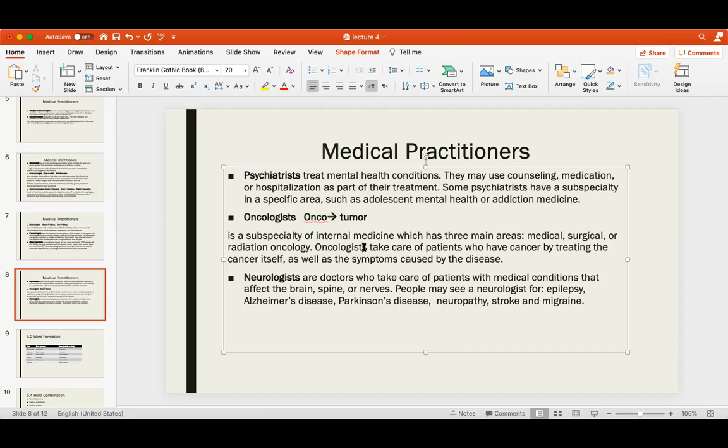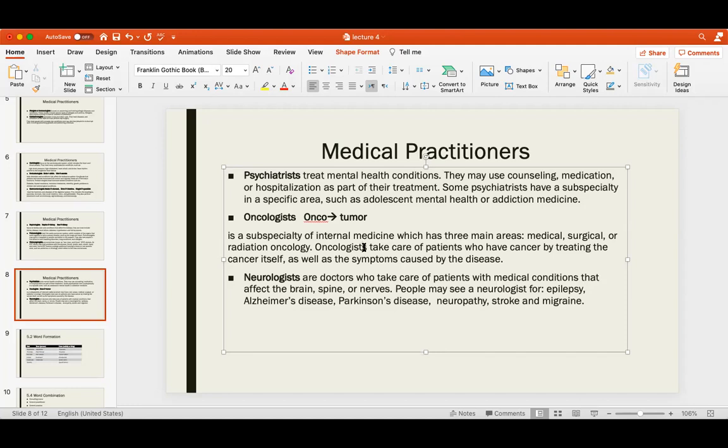Neurologists are doctors who take care of patients with medical conditions that affect the brain, spine, or nerves. People may see a neurologist for epilepsy. You remember this word we have taken last lecture, epilepsy, that means in Arabic sara.